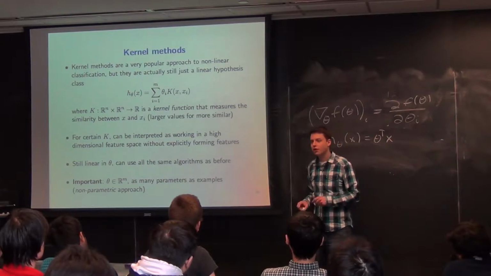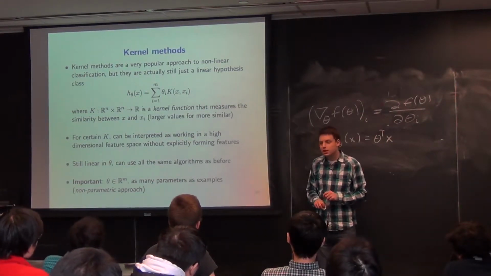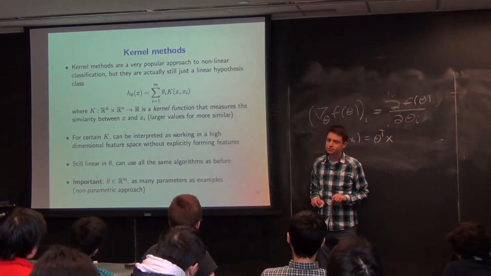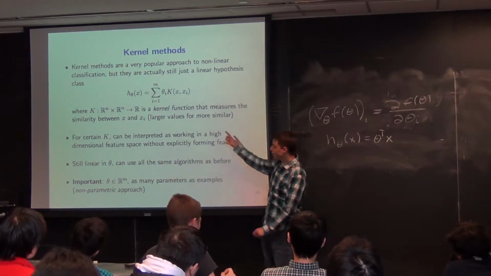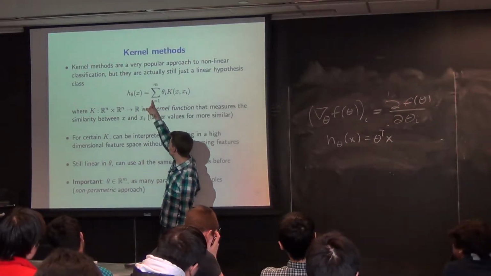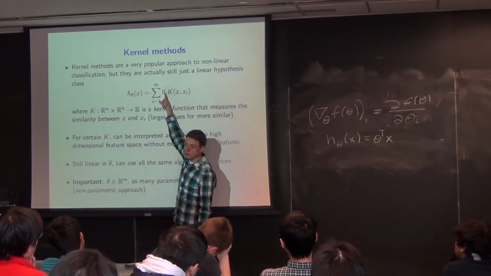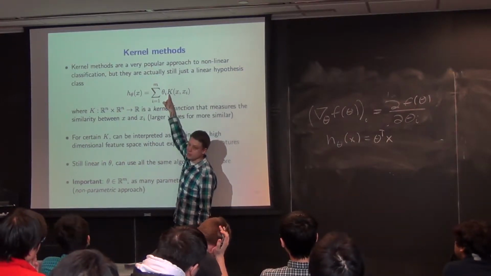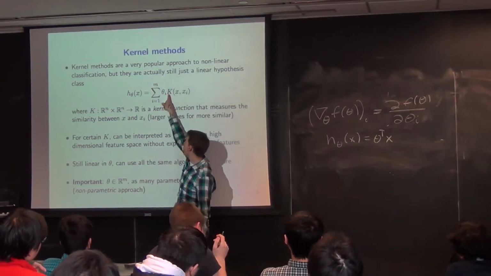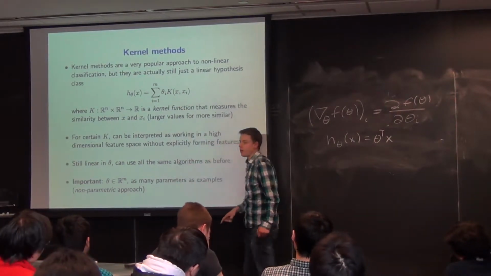So let's list a few. One thing you may have heard of is a class of methods called kernel methods. These are actually linear methods. The hypothesis class here is our hypothesis on x is the sum from i equals 1 to m of theta_i, our parameters, times some function k of x and x_i. The x_i's here are all the data we have.